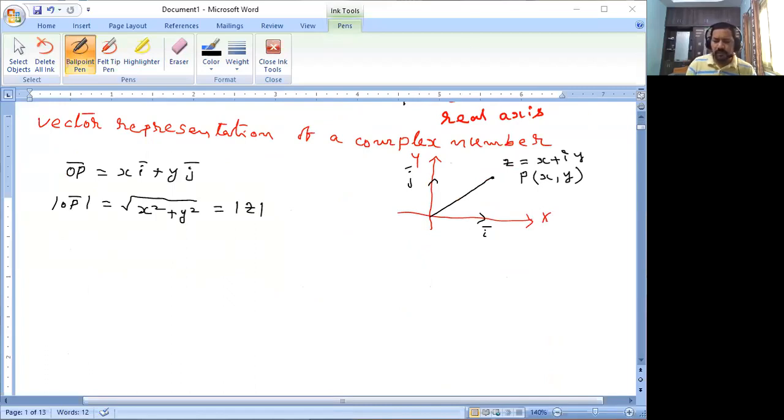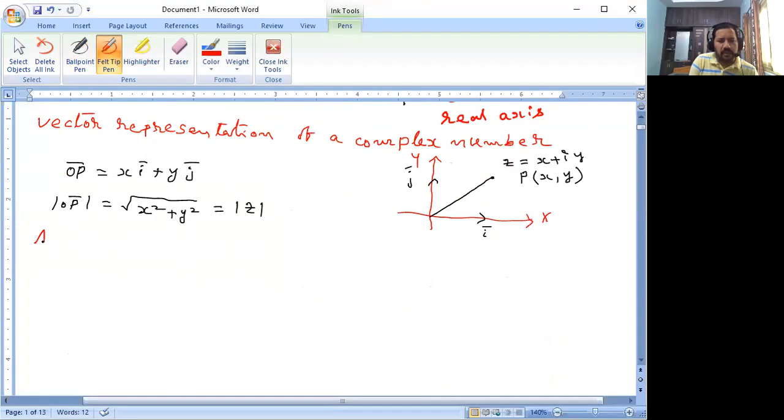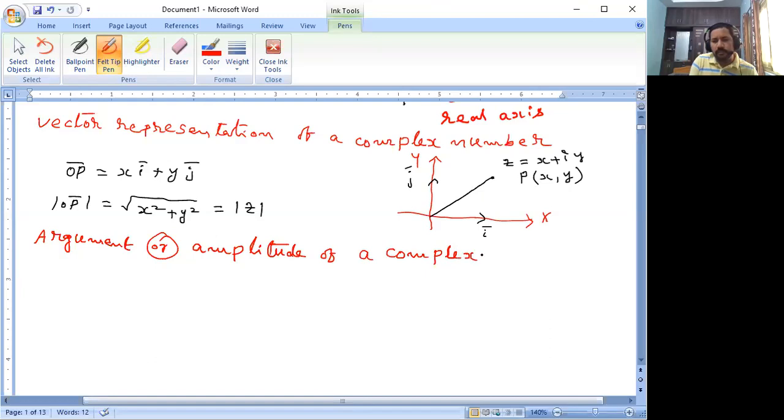Next, argument or amplitude of a complex number. Now, take one complex number.